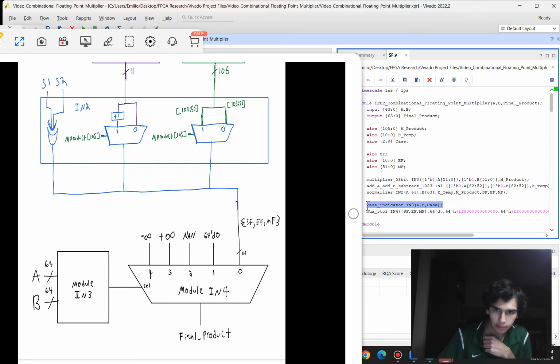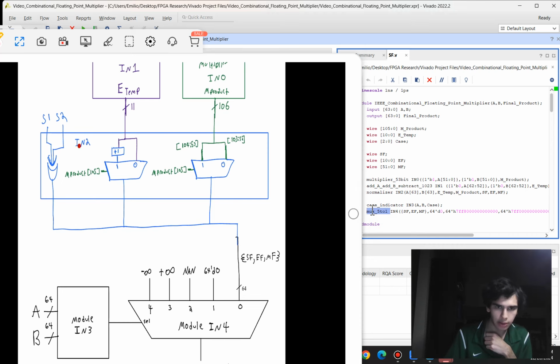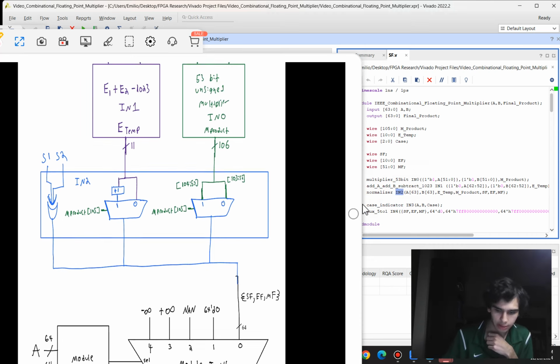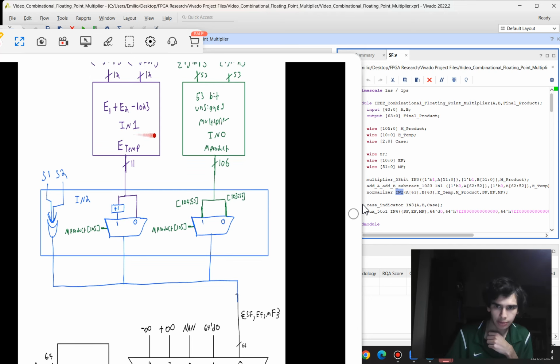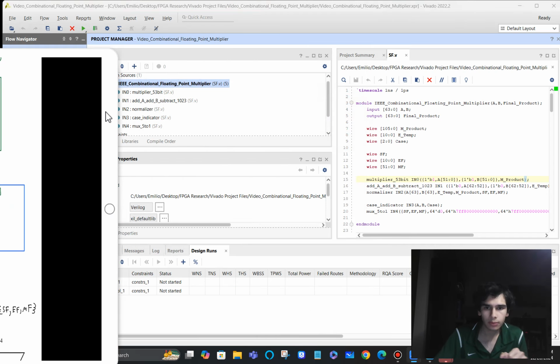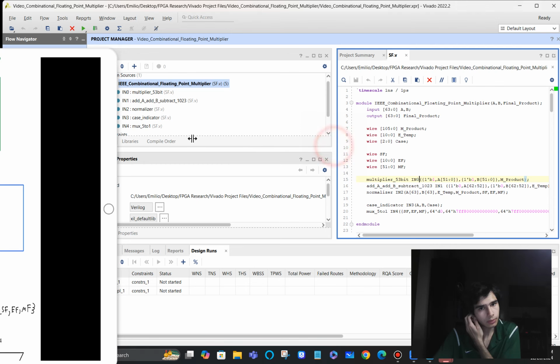The case indicator, that's IN3, that's this. That's 5 to 1. That's IN4. Oh yeah, and here it's IN2. IN2. And then same thing for the top one's IN1. So now that you know that, let's go and look at it.